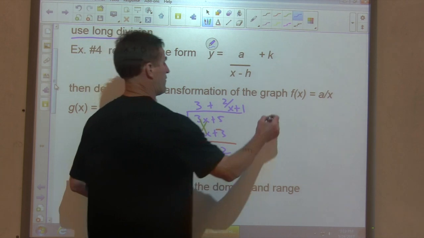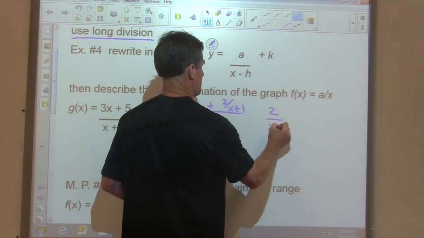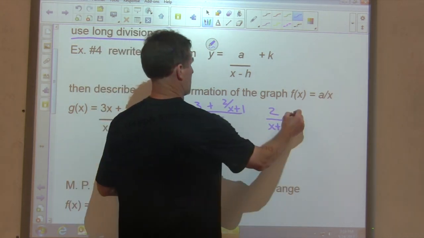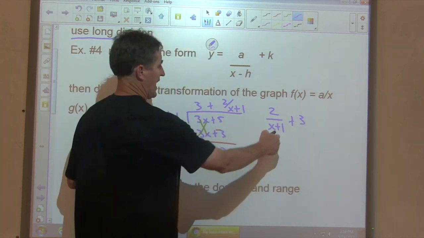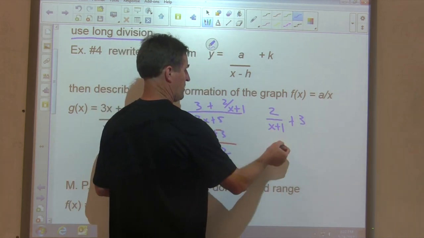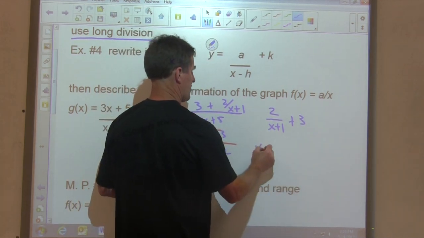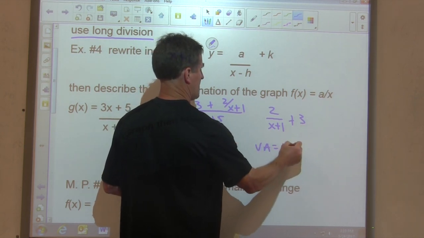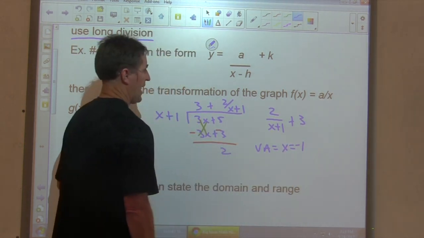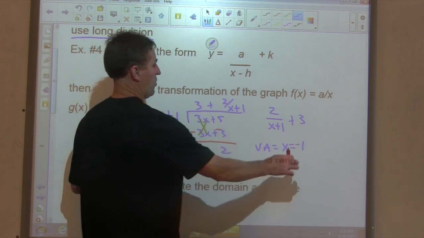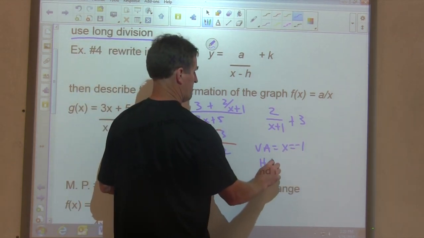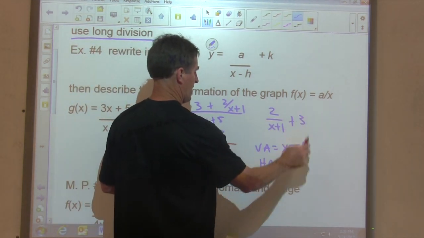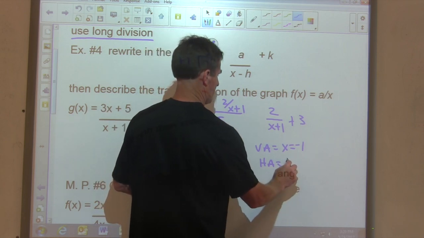We just put the remainder first. 2 over x plus 1 plus 3. And so our h is negative 1, opposite that. So our vertical asymptote, we now know, is that x equals negative 1. And our horizontal asymptote is our k value, which is 3.